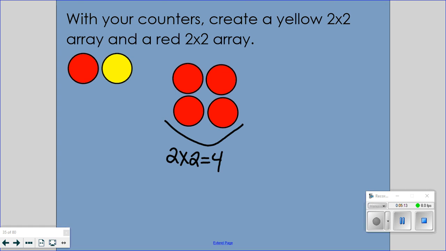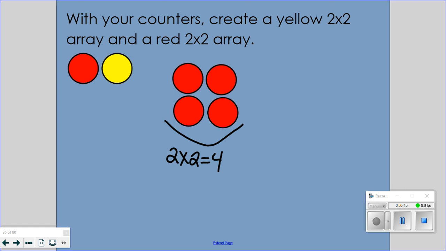I got 2 groups of 2. How do I turn that into 4 groups of 2? What would I need to do? Because right now I have 2 groups of 2, but I want to make that 4 groups of 2. What would I need to do? Mackenzie, what would I need to do? I would need to add 2 more groups of 2.